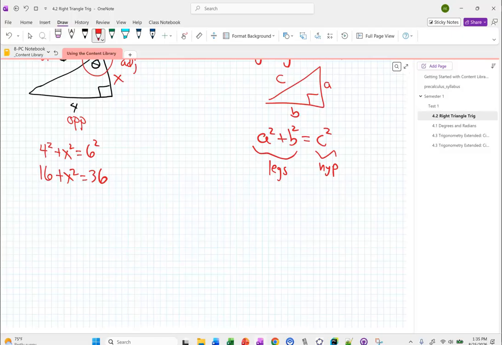And then we can isolate the x squared. So to do that, we'll subtract the 16 from both sides. And then how do I get rid of the squared on that x? I square root both sides. When I square root both sides of an equation, what do I have to remember to be careful about?